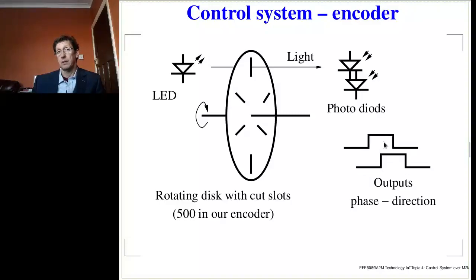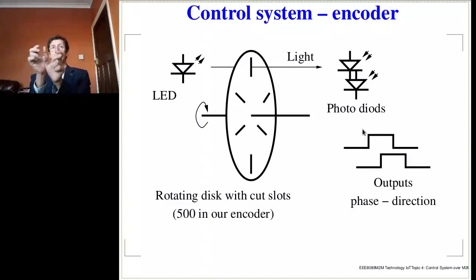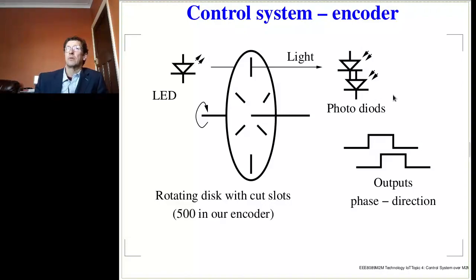However, if you reverse the rotation, it will be the opposite picture. So this one will be first and this one will be second. If the arrangement between the pulses is like this, then it is rotation clockwise, and if it is like this, then it is anti-clockwise. So two sensors here are used in order to determine the direction.